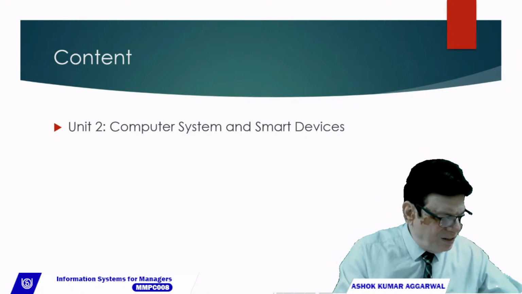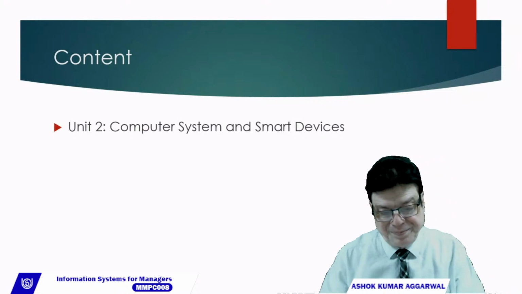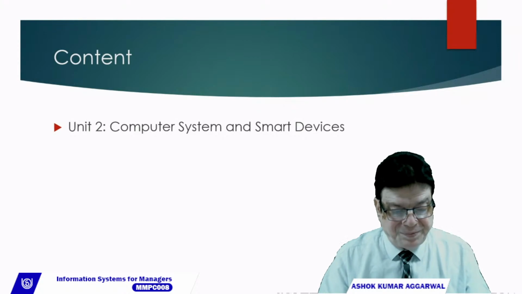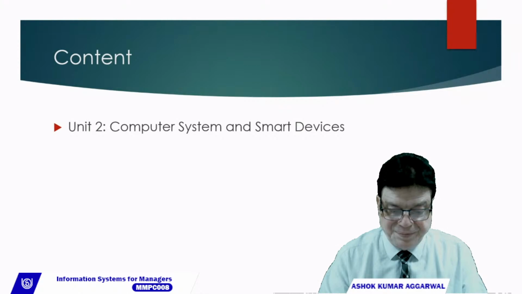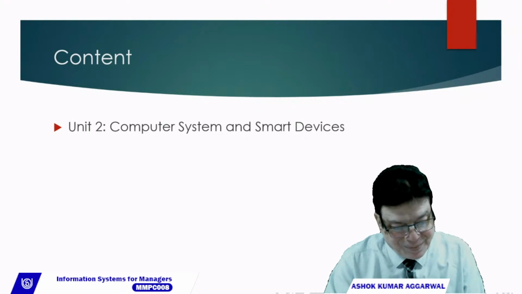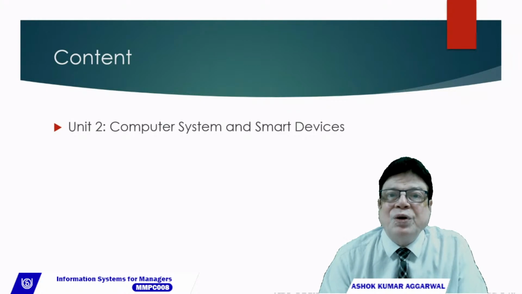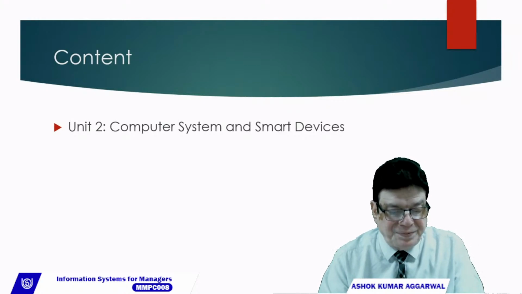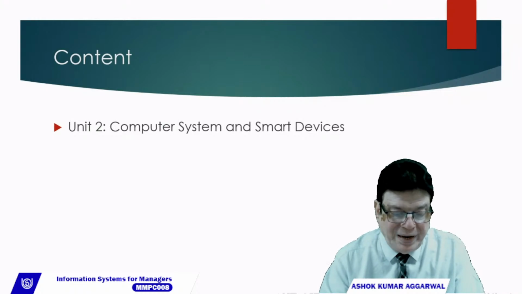Then we have studied in this chapter that IT includes hardware, software, databases, and communication networks. Then components of IT. What are the components of IT? Hardware, software, system software, application software, networks, data management. Then people.